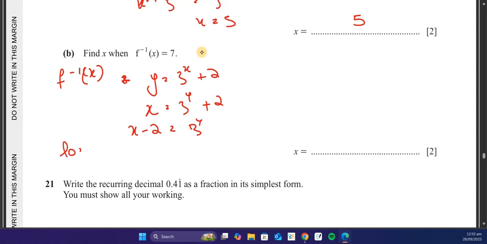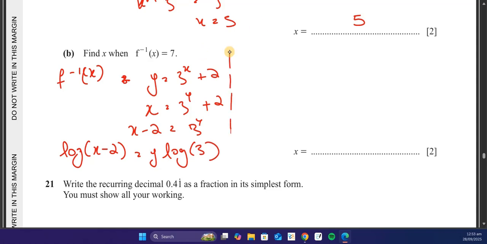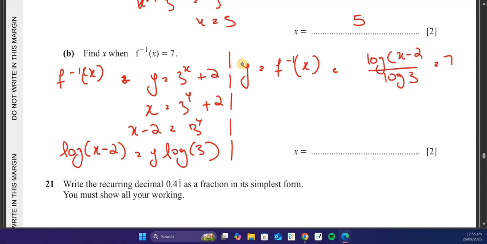So log(x minus 2) is equal to y log 3. That should give us y, which is f inverse of x, equal to log(x minus 2) over log 3, is equal to 7.